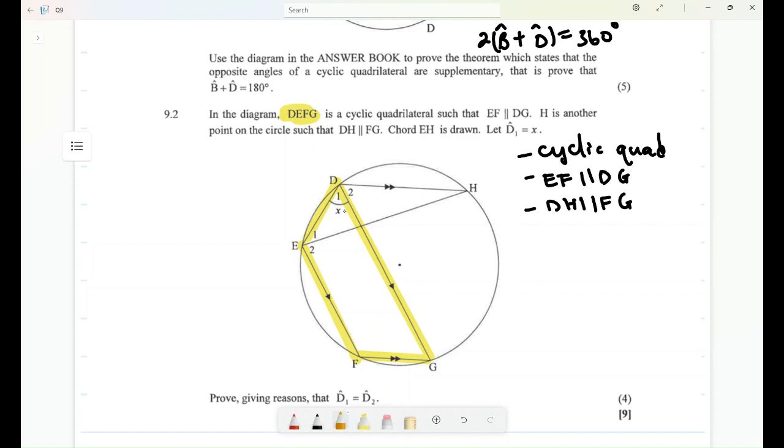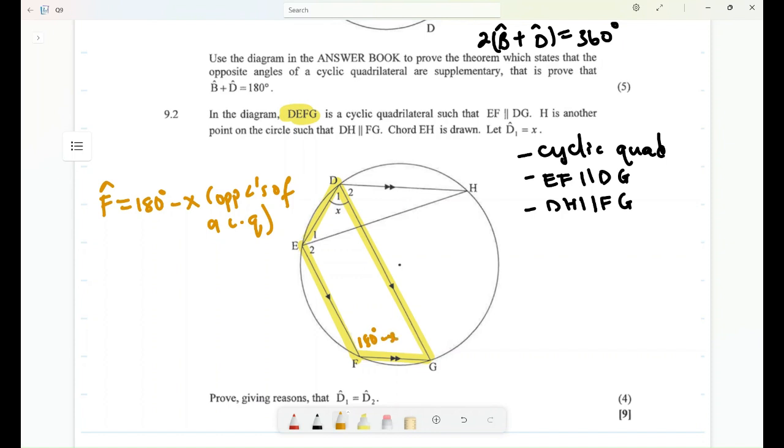Now here we can say angle F is equal to 180 degrees minus x. Why? Opposite angles of a cyclic quad. Now I know this angle is 180 degrees minus x.